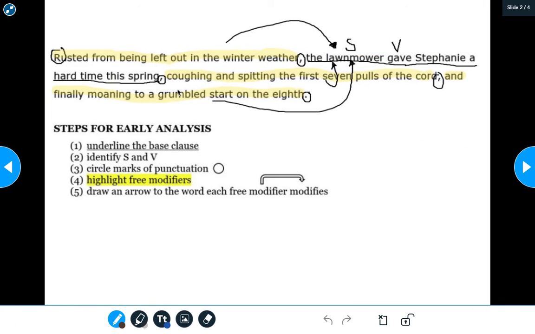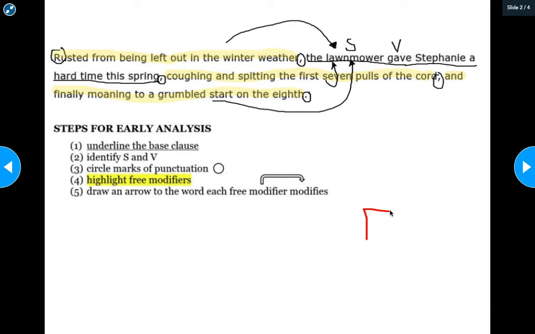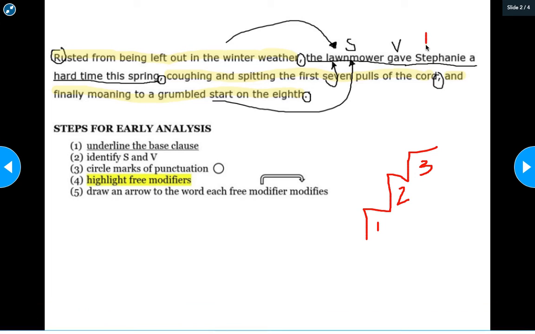We've seen this sentence too. This is one about the lawnmower, and I'm just going to change colors to something a little bit more visual. So if we're talking about the staircase of specificity, and we get more specific as we move up the staircase, and that a level 3 modifies a level 2, and a level 2 modifies a level 1, then here's our base clause, it's a level 1.